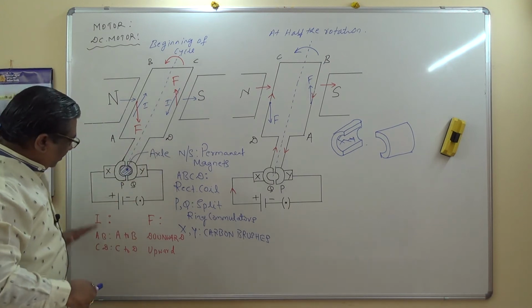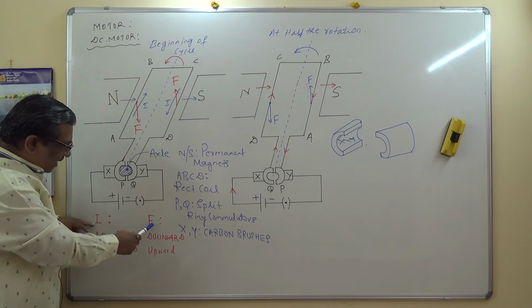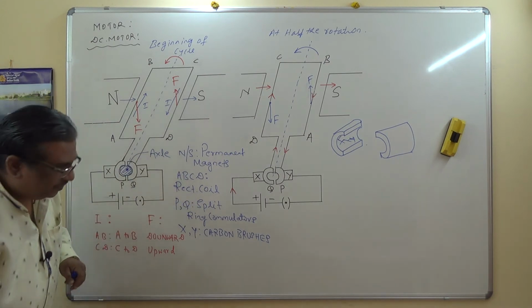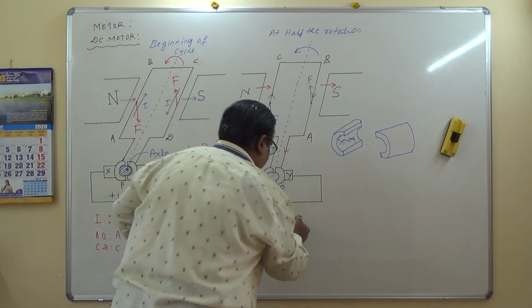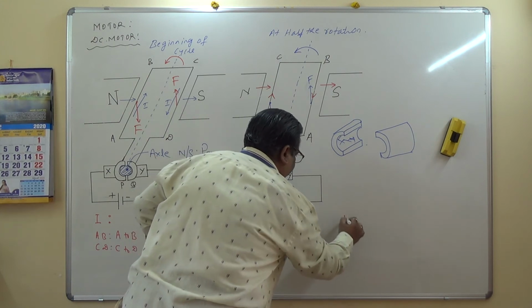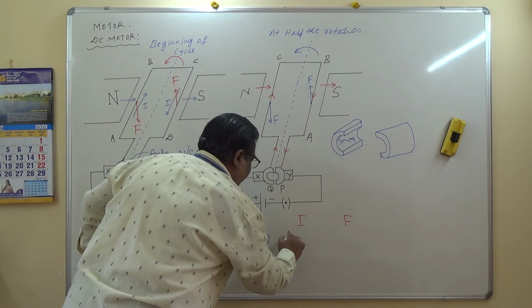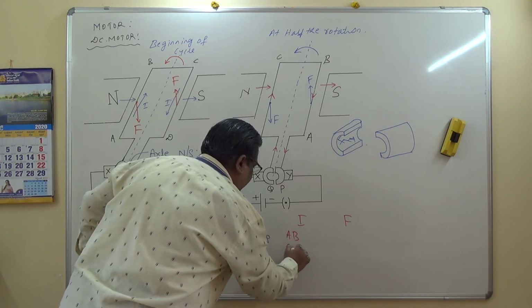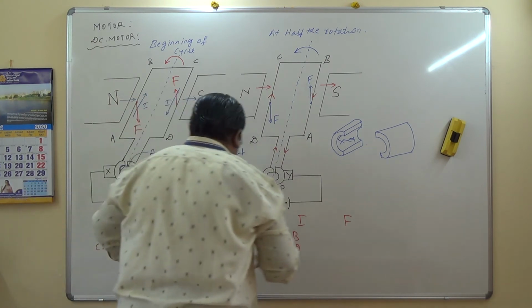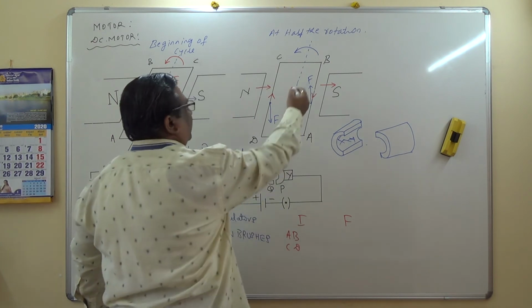Now let me write these parameters, I and F, in this case. The current in this case and the force in this case. AB, CD, and force also. Now check here.